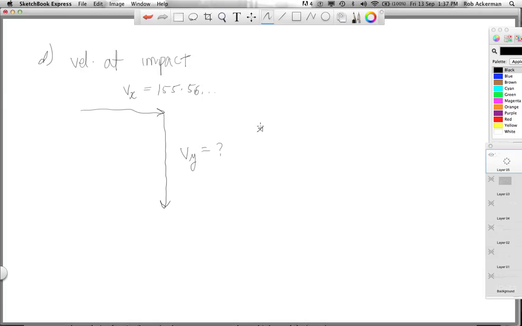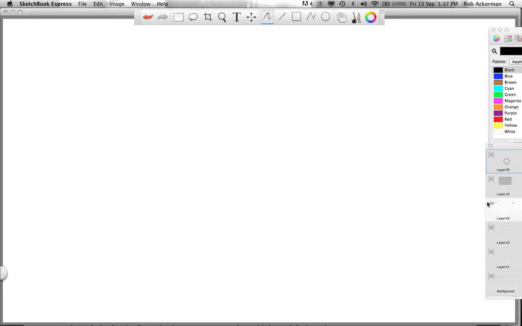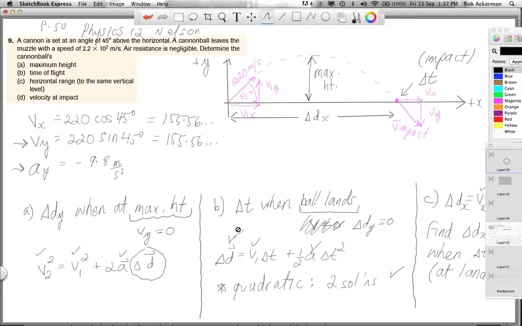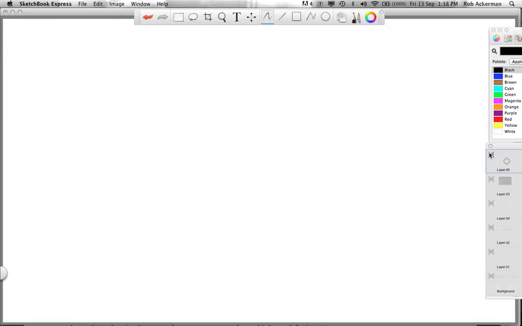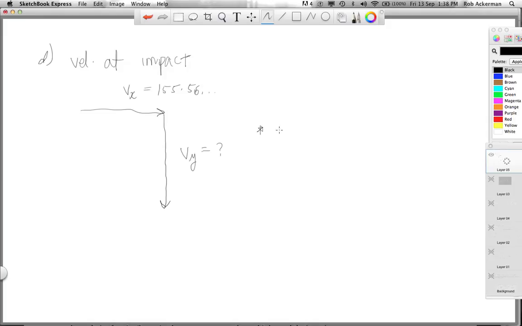All you do know is that if you go back to part B, you know the time. And if I sneak a peek at the answer in the book, if I recall correctly, the time is something like 32 seconds. Okay, you should solve this using your calculator. I think it's actually with decimals something like 31.74 seconds.